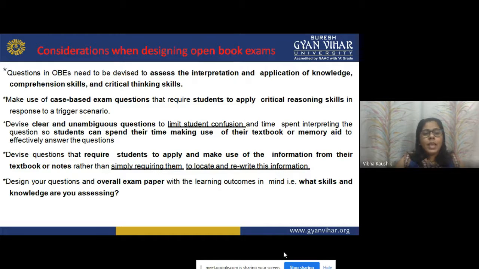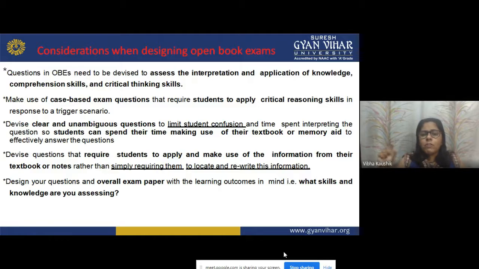Make use of case based exam questions that require students to apply critical reasoning skills in response to a trigger scenario. It means you can give them a case, and the student has to go through the case and give answers by critically thinking about what can be the answer to that particular case. Devise clear and unambiguous questions to limit students' confusion.